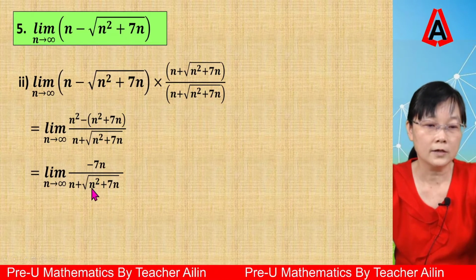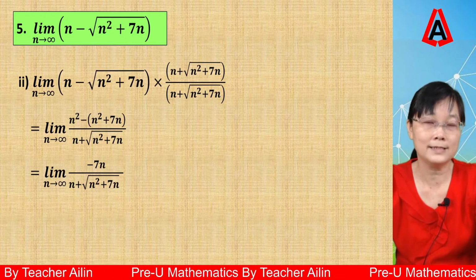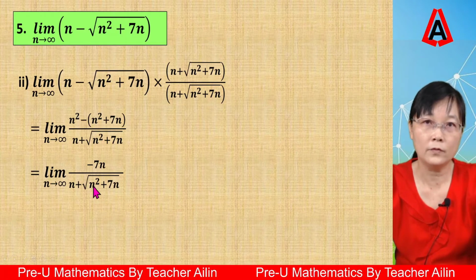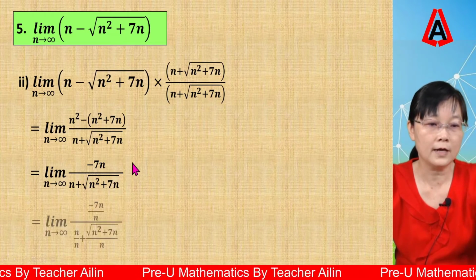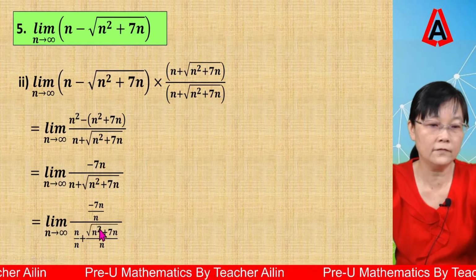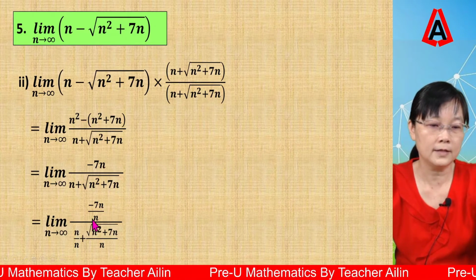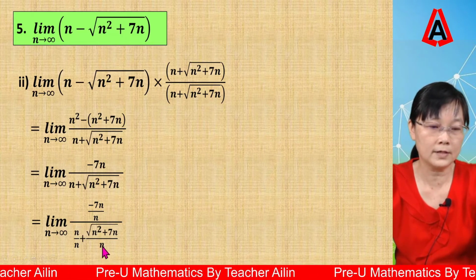So, for square root of n power 2, actually the highest power is n. So the highest power of the denominator is n. So now I divide each term with n. So 7n divided by n can be cancelled off. This one, n over n can be cancelled off.